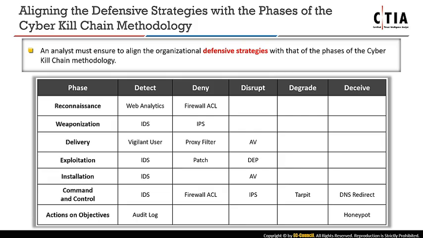Next, we look at disruption. So if a threat actor has set up a command and control network, we can disrupt it with intrusion prevention systems. So the detection system will detect it, and the prevention system will then prevent the threat from being actualized on the system. So with command and control in the degrade phase, we also have a tar pit.